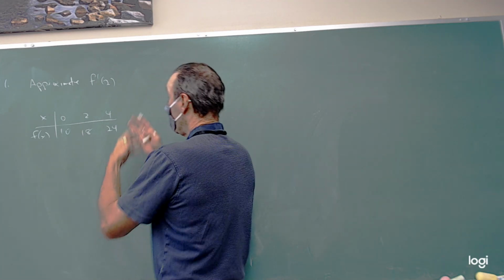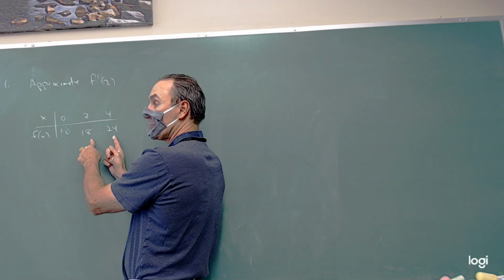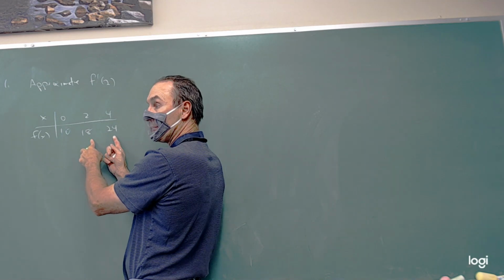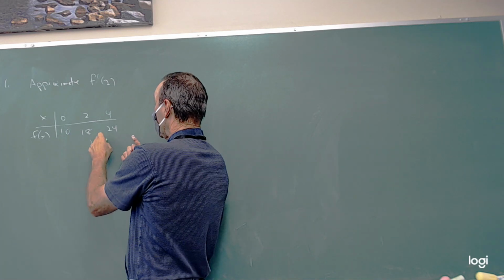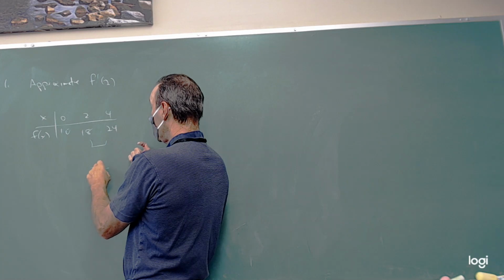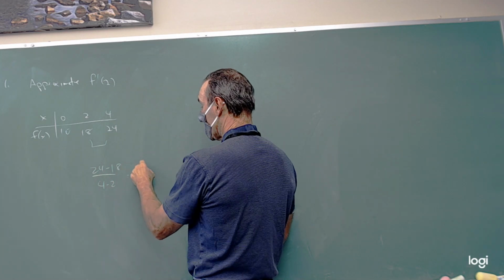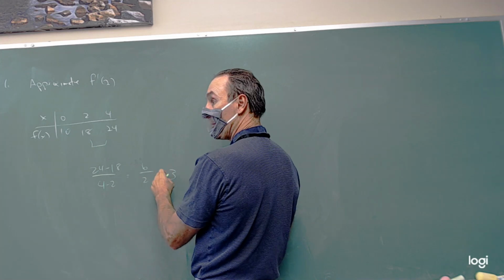But with no direction at all, we're going to use an average rate of change to approximate the instantaneous rate of change. So we could use those 2 points and do 24 minus 18 over 4 minus 2, and that's going to be 6 divided by 2, which is 3.